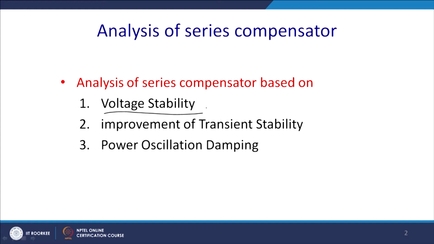Thereafter, improvement of the transient stability, the same as has been discussed in the case of our shunt compensation, will be designed here, and we will see what the differences between these two are and where you will fit what. And power oscillation damping. These are the most desirable features that can be enhanced or mitigated by the series compensation.